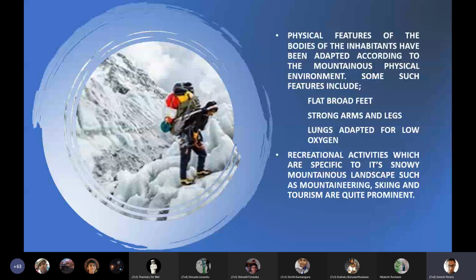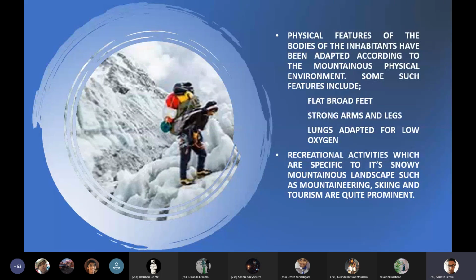Another special feature they possess is that their lungs are adapted for low oxygen. This is very important, as mountains have a lower oxygen rate than the flatlands. This feature has enabled them to live comfortably in such a high and difficult environment.